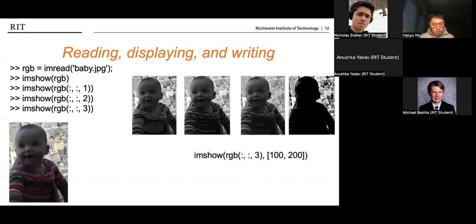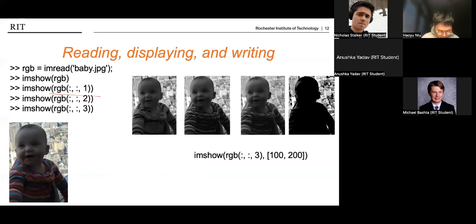So here's another example regarding the RGB image. Here is a sample image of a baby. If we want to display the R channel, or display the channels separately, you can just use this format as here. The colon means that we will iterate through all the values in that dimension.